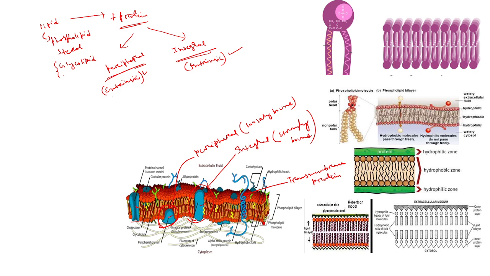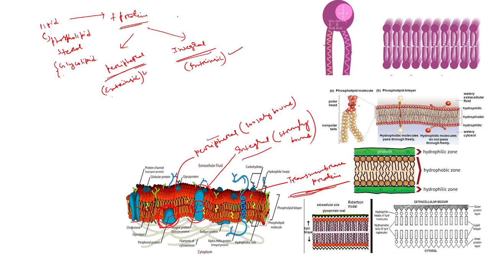So normally three types of protein are present. One is the peripheral, which is present just outside at the periphery of the lipid bilayer. One is the integral, which is present near the core of the plasma membrane. Another is the transmembrane, which is buried along the whole plasma membrane.